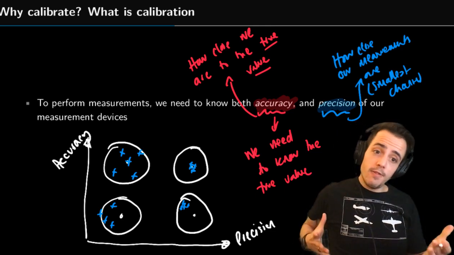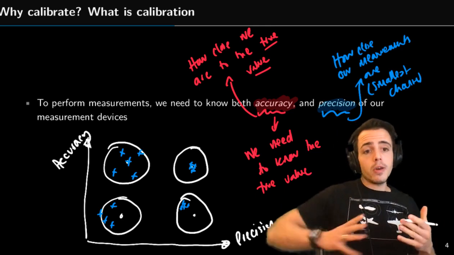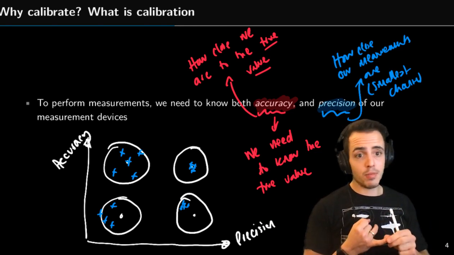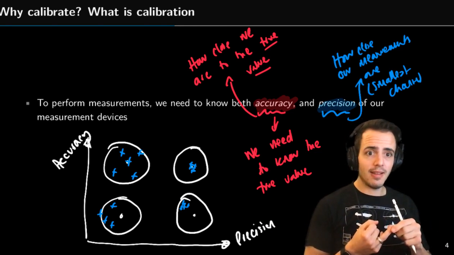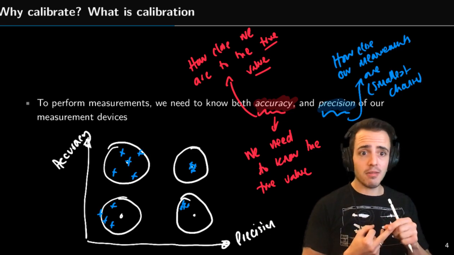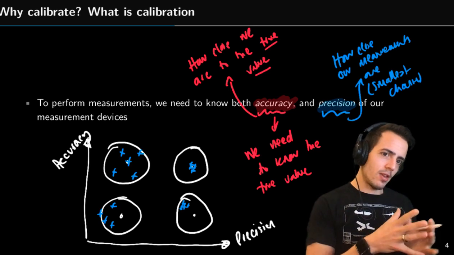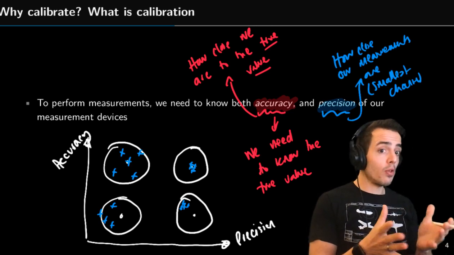That's quite difficult, because we're often trying to determine how good a particular measurement device is at measuring something. If we knew what it was in the first place, then we wouldn't be measuring it. So that's why accuracy is sometimes more difficult to quantify.